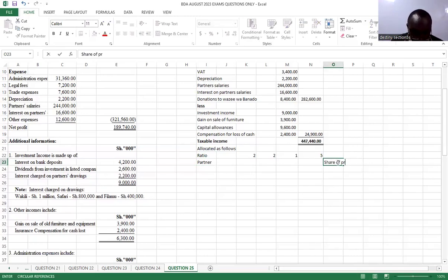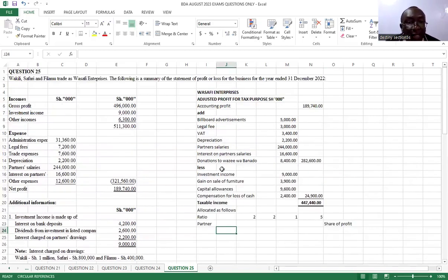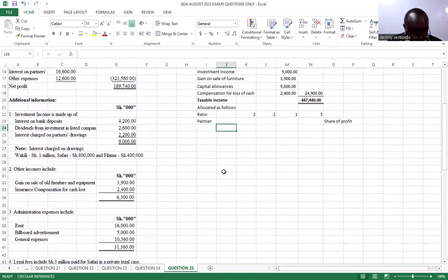Remember these things, you don't have to follow my format exactly. I'm only just trying to organize them so that we can show the working. So the first partner is called Wakili, Safari, and Filamu. So I have Wakili, I have Safari, and I have Filamu.